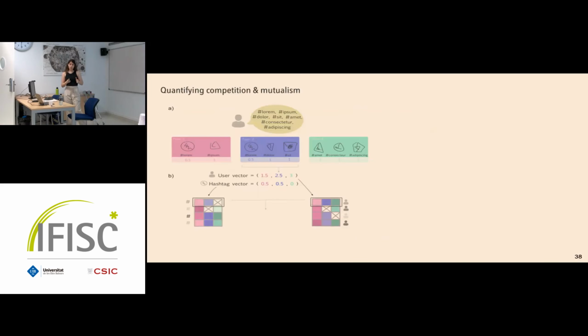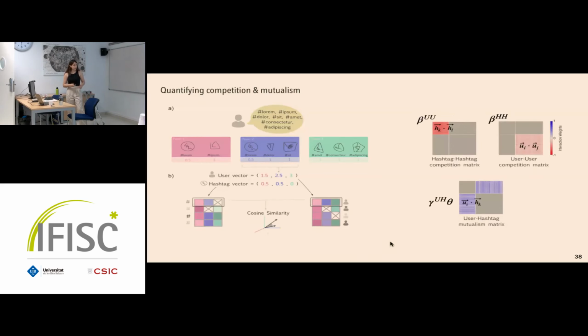So we are able to give each user and hashtag a vector that encodes their affinity to each of these topics, and then by simply projecting this vector, a dot product, we obtain these matrices.